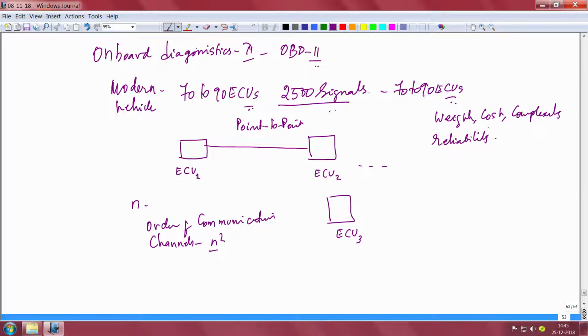You can't go on having point to point links, because reliability will get compromised, which essentially means that you will have to look at multiplexed communication over a shared medium, that is, data multiplexed over a shared medium.